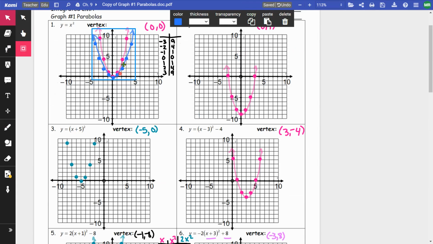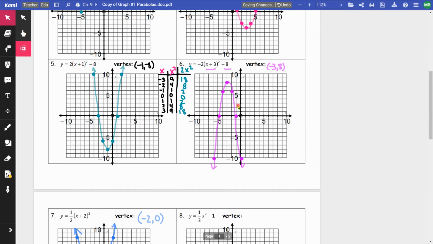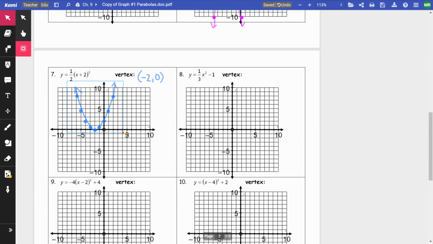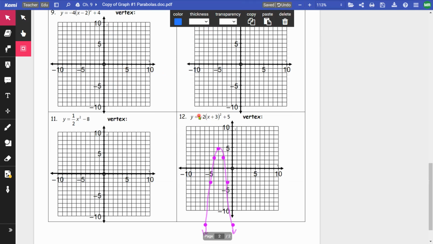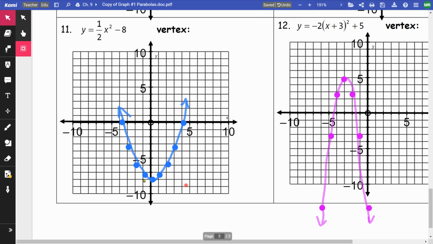Every point is half as high. Now, when I'm doing one like number 11, my vertex is going to be -8. So I'm going to 0, -8. So I come down here to 0, -8. And that would be my graph.